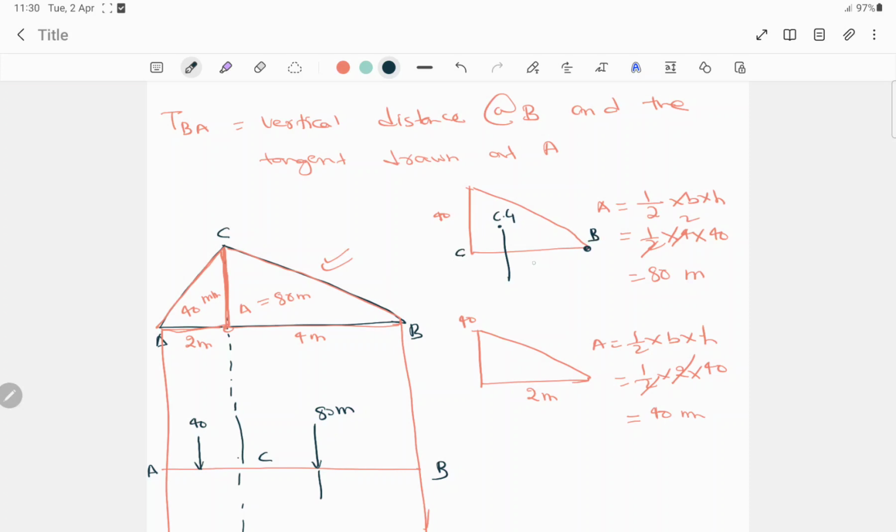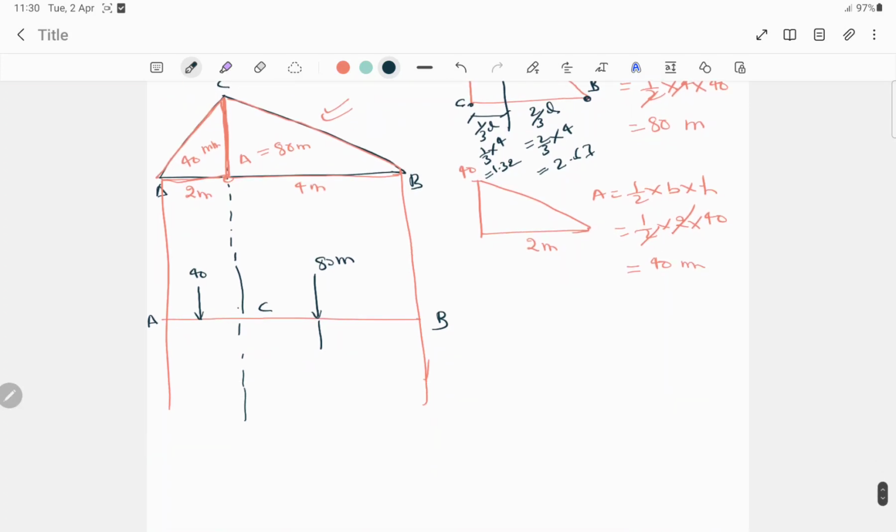It's C. So the formula will be 2/3 of L, and from this to this end it will be 1/3 of L. So here 2/3 of L with L as 4, the value will come around 2.67, and for this one 1/3 of 4, the value will come around 1.32. So this distance is 2.67 and this distance is 1.32.